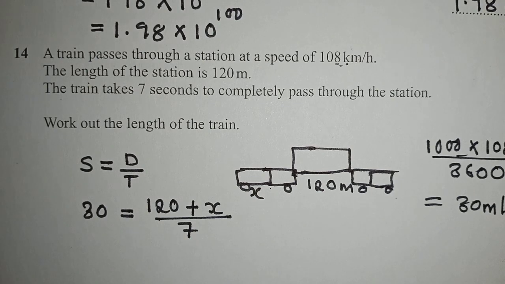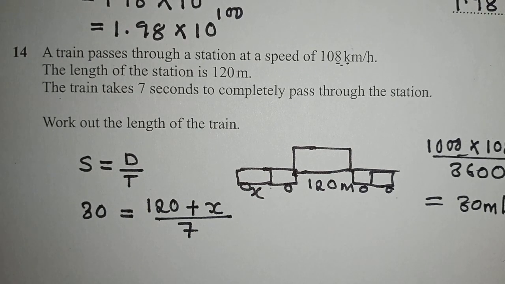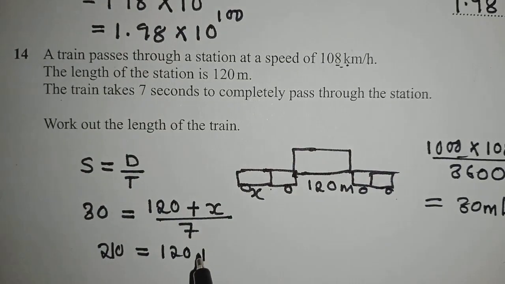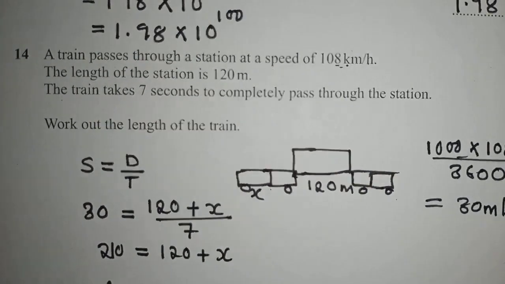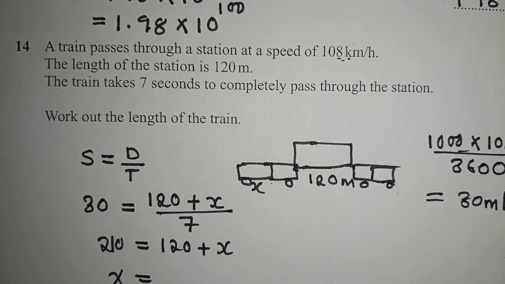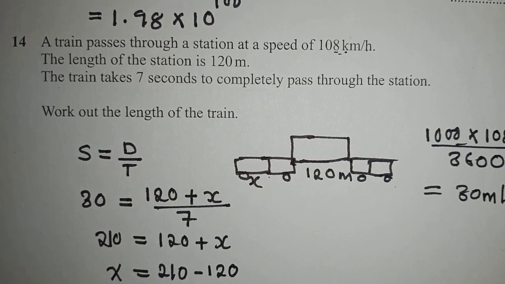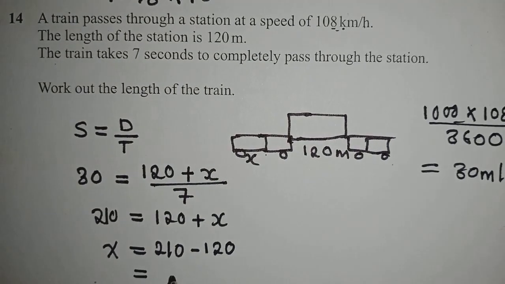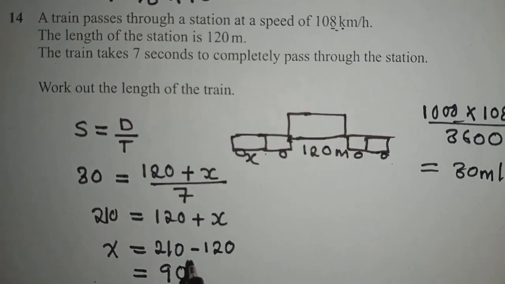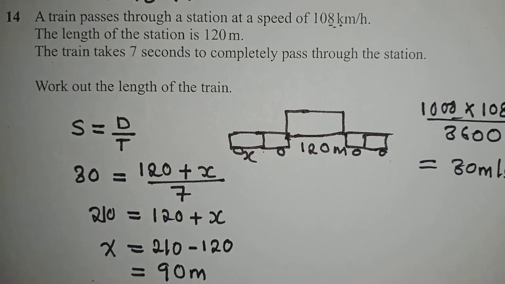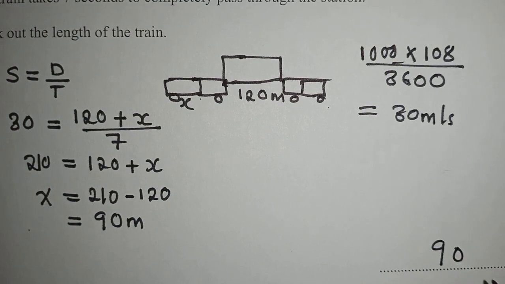So when we cross multiply, 30 times 7 gives us 210, which is equal to 120 plus x. We group the like terms. We have x equal to 210 minus 120, which is equal to 90 meters. The answer here is 90.